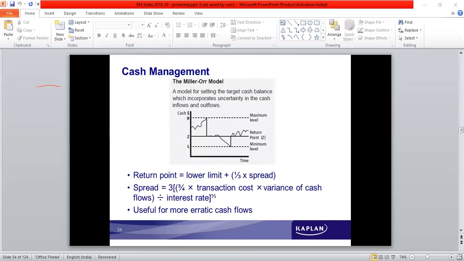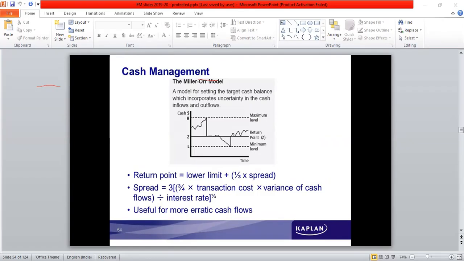What is variance of cash flows? The standard deviation is given as 3000. So variance is standard deviation square. Standard deviation square will be 3000 into 3000. So it's given as 3000 to the power of 2, 3000 into 3000. Then interest rate is given as 7.3%.